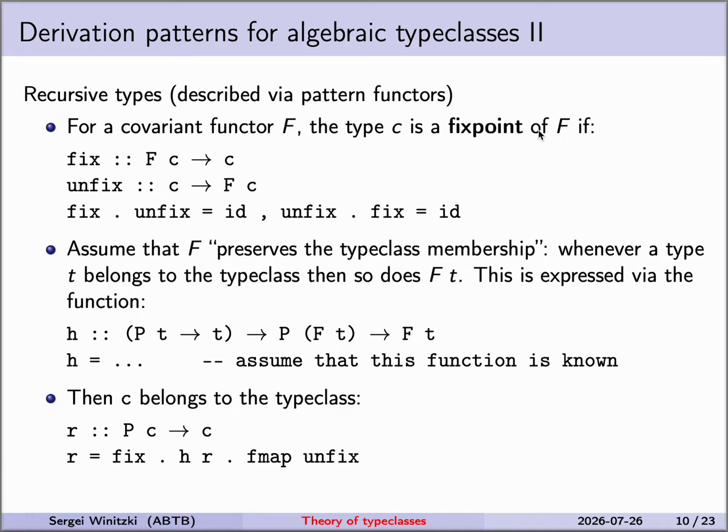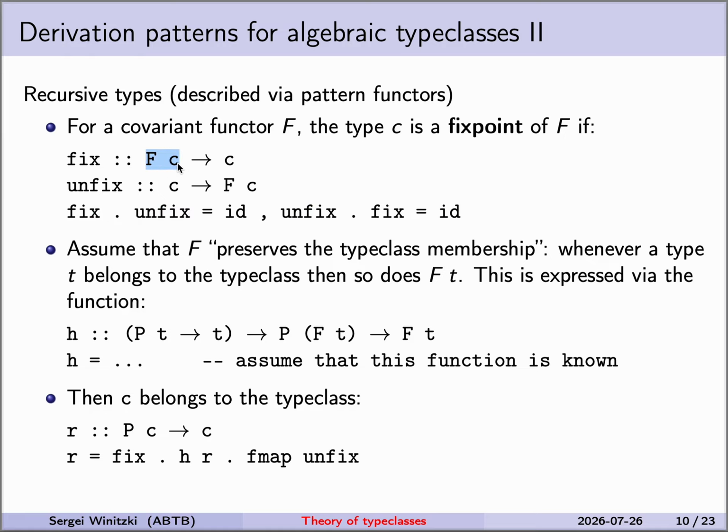So what is a fixed point? From the programmer's point of view, this is what it means. You have a covariant functor f, and then the type c is a fixed point of f if you have functions that convert between c and fc, and these functions are inverses to each other, so their composition in both directions is identity.